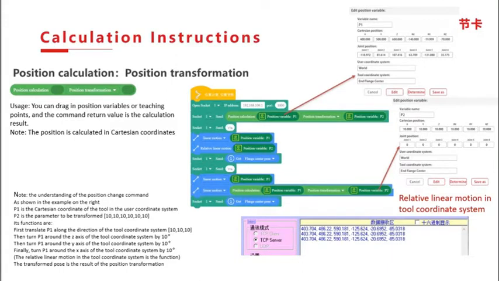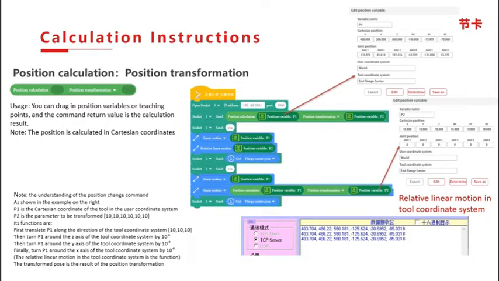P1 is the Cartesian coordinate of the tool in the user coordinate system, and P2 is the 6 parameters to be transformed. Its function is to first translate P1 along the tool coordinate system direction x, y, z by 10 millimeters. Then rotate P1 around the z-axis of the tool coordinate system by 10 degrees.